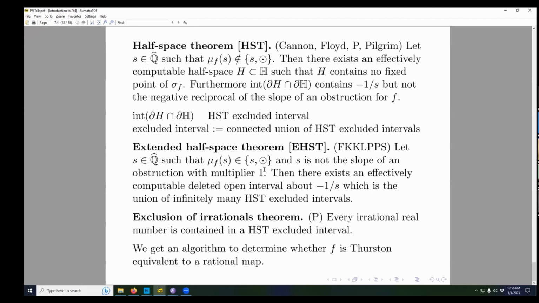But you talk about these deleted open intervals, right? If this is not telling us anything about the image of this particular slope. It's just saying that we get this neighborhood that excludes negative reciprocals of slopes of obstructions. Yeah, so this is what I'm trying to understand. If a slope is mapped to a non-slope, how do you get your open interval? How do you get the information?